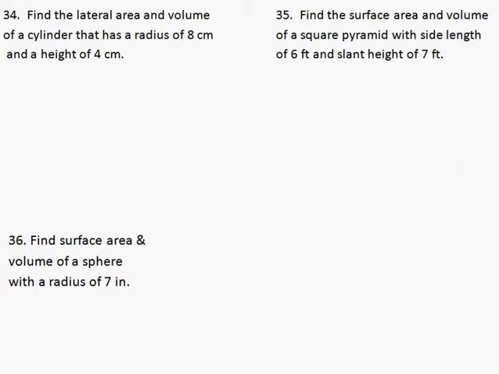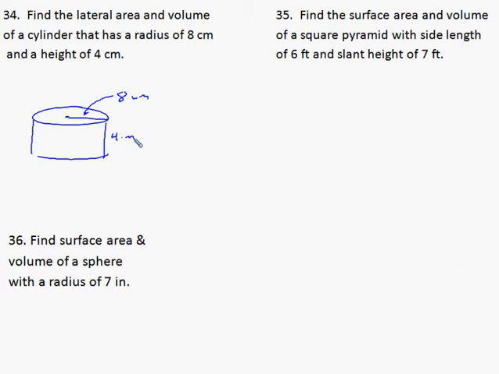So we have a cylinder. So we'll go ahead and sketch the cylinder. So there's our cylinder. It has a radius of 8, and then the height is 4. And we're looking for lateral area. So lateral area is just around the edge, around the side. It's not the top and bottom.